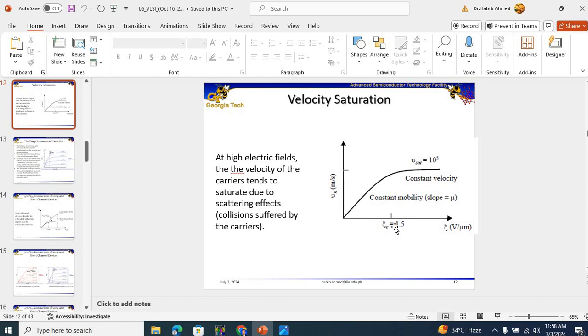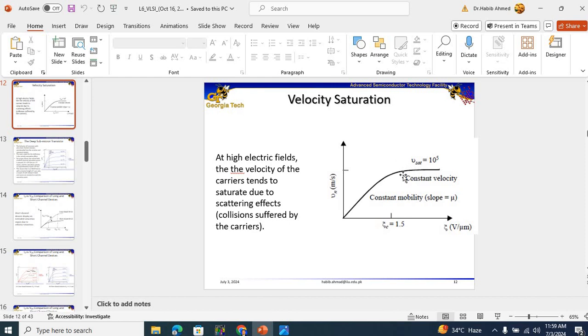Voltage divided by length. In this case, we are actually looking at the channel length. So it means that at 1.5 volt per micrometer, we are at the critical electric field and we are in the velocity saturation range. And our current would be saturated at this point. It's not going to increase any further.